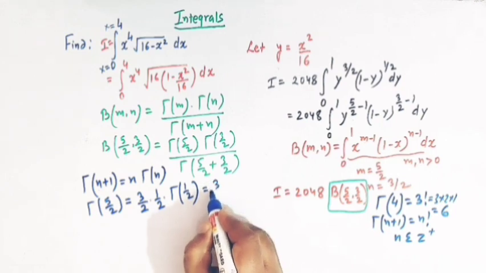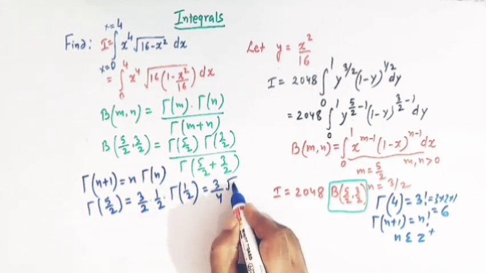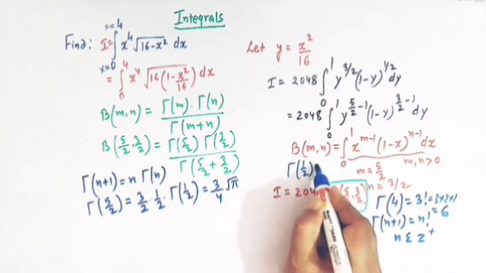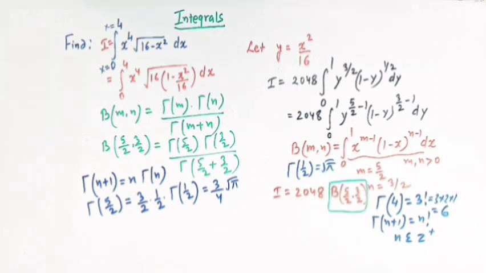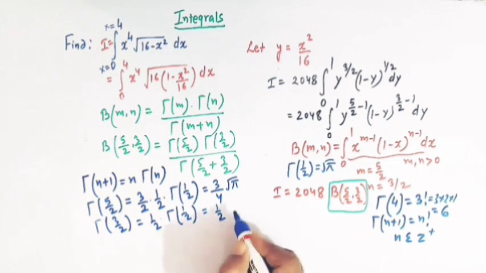So we have 3 by 4 and gamma of half is square root of pi. So the value of gamma of half is square root of pi, and gamma of 3 by 2 can be written as half times gamma of half, and that is half times square root of pi.